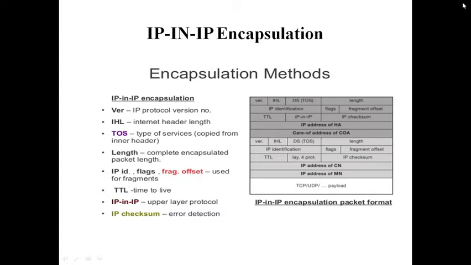Time to live means how long a tunneling process will go on, so that the packet, without any packet loss, reaches from source to destination. That is the reason the time to live number, in seconds, has to be mentioned very correctly. If a packet needs 3 seconds to reach the destination, but you mention TTL as 2 seconds, then packet loss will occur.